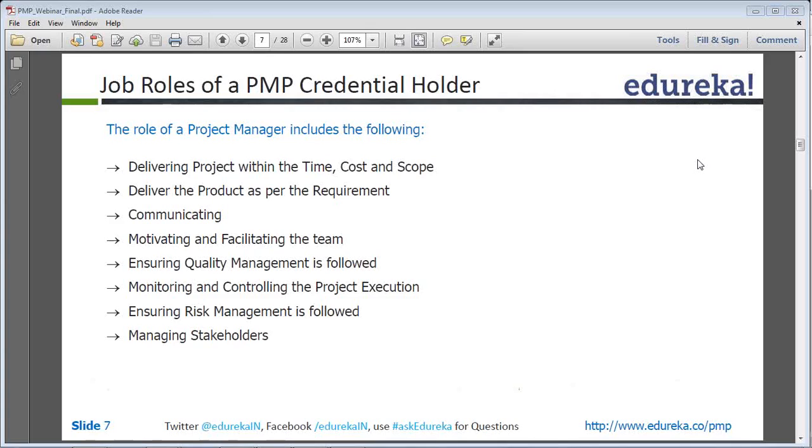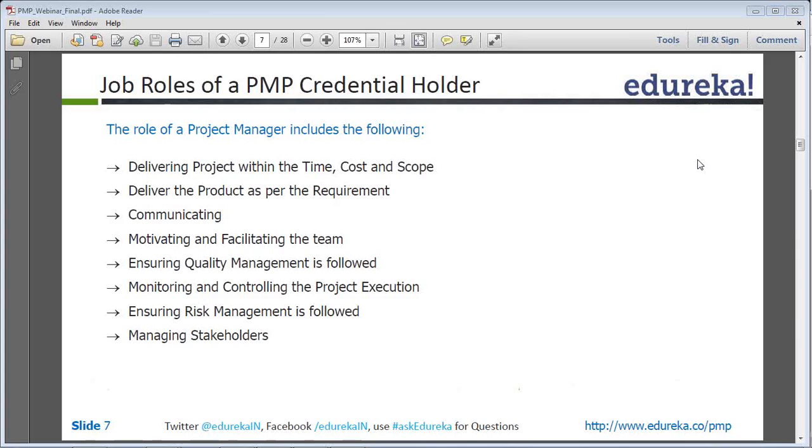Okay, so what does the role of a project manager include? The project manager has to manage the project within the time, cost, and scope. He has to deliver the product as per the requirement of the customer.